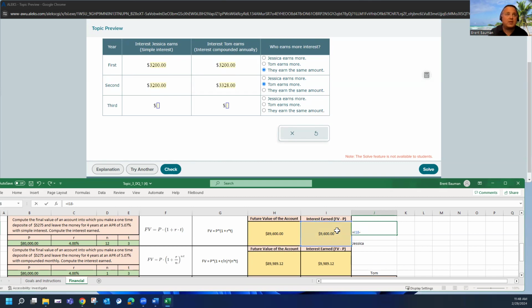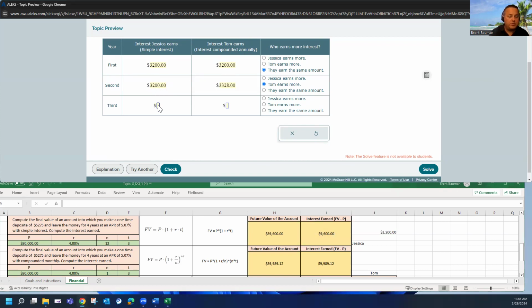So I'm going to subtract off what Jessica earned in the first year, which was 3,200, minus what happened in the second year, which was also 3,200. We're dealing with simple interest, so again, 3,200. You're just earning interest off of the original principal.